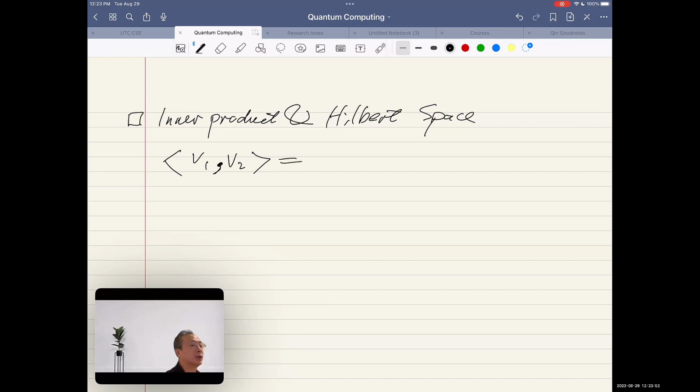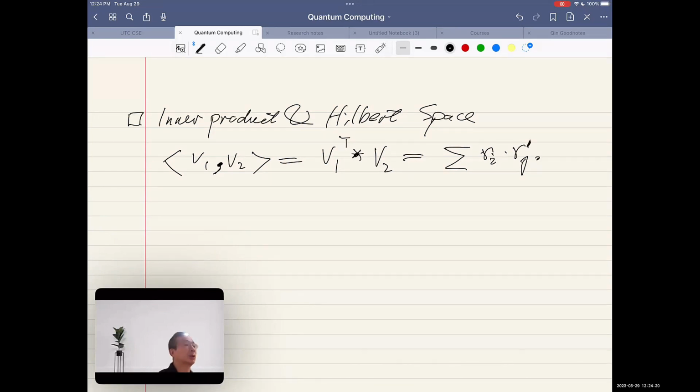And this is equal to the transpose of V1 multiplied by V2, which is basically the element-wise product, element I times element J, dot.